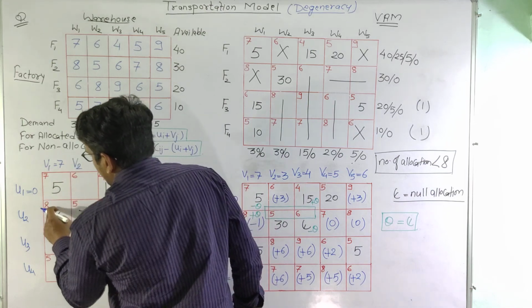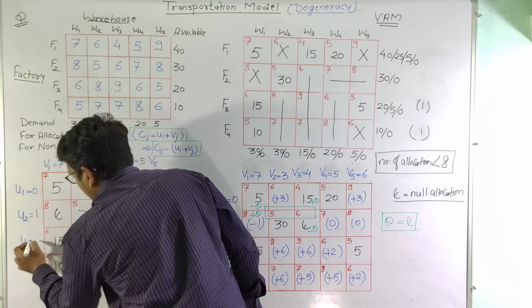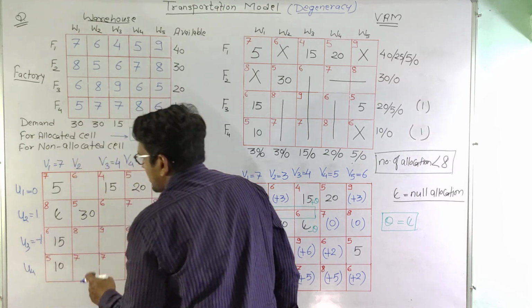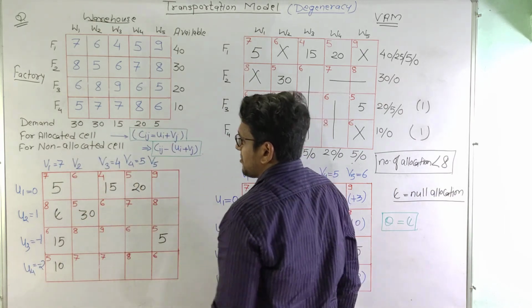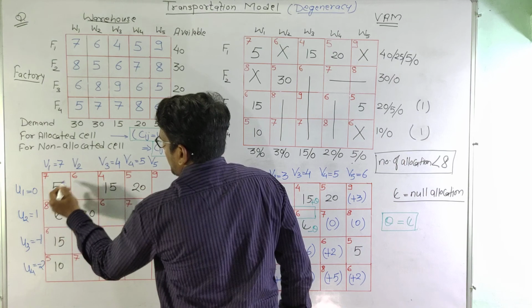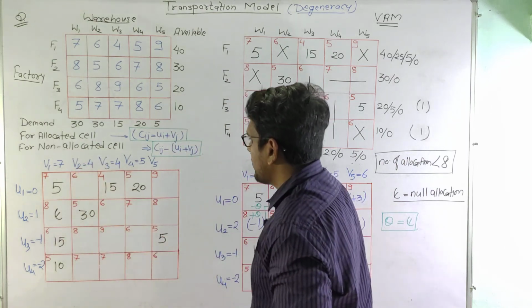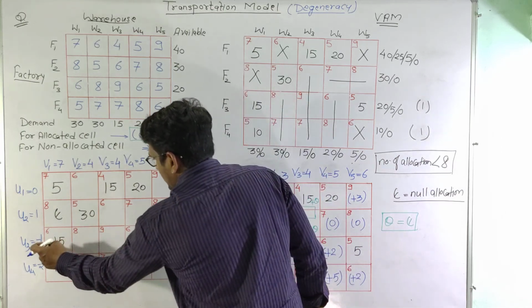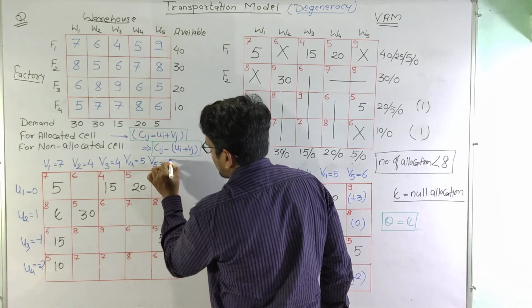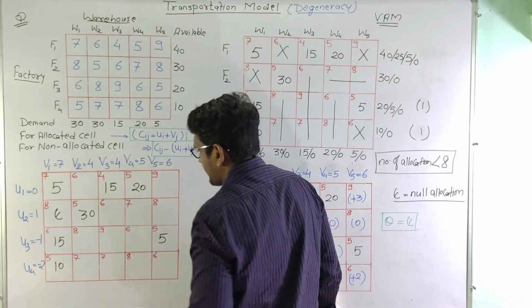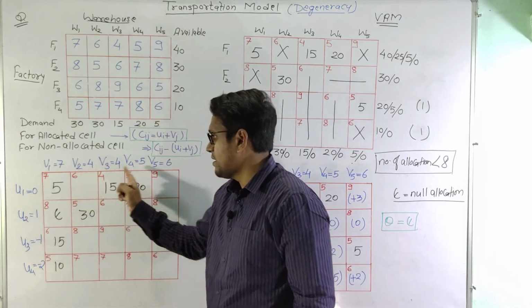Now this is 7. 7 plus what equals 8, that means 7 plus 1. Here 7 plus what equals 6, this will be minus 1. Here 7 plus what equals 5, this will be minus 2. Similarly, this is 1. 1 plus what equals 5, so this will be 4. So now v5 is remaining. Minus 1 plus what equals 5, so minus 1 plus 6 equals 5. So now we have calculated all the values of u's and v's.